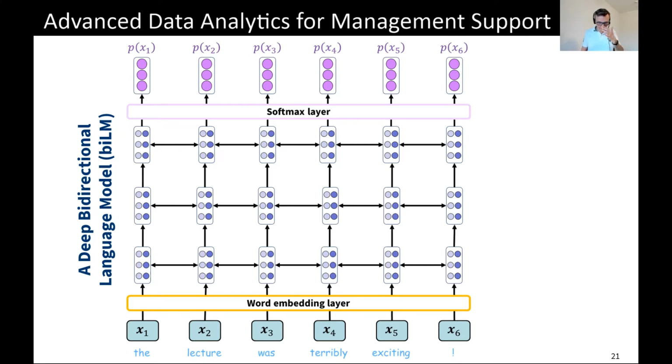Okay, now, the important bit, I believe, that is worth mentioning is that our language model here, our deep bidirectional language model, builds these embeddings for tokens. And if we consider the word terribly, for example, where in the picture do we find the embedding of the word terribly?